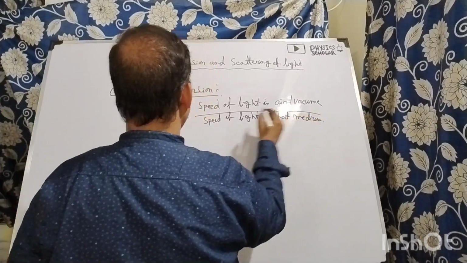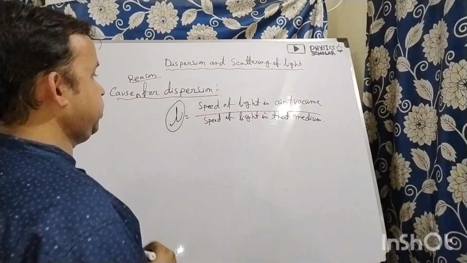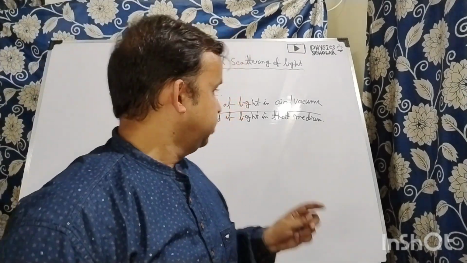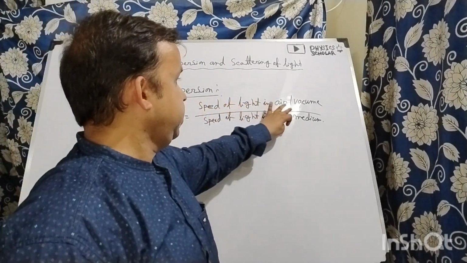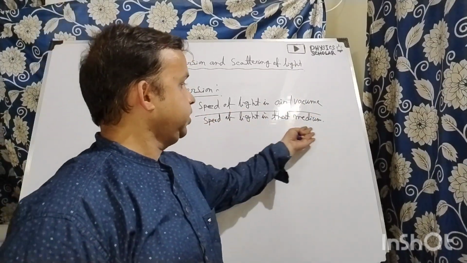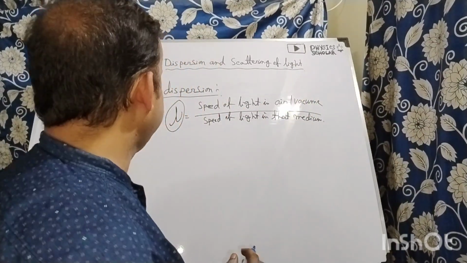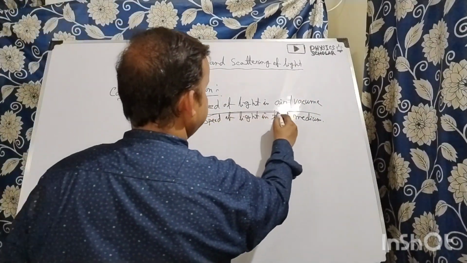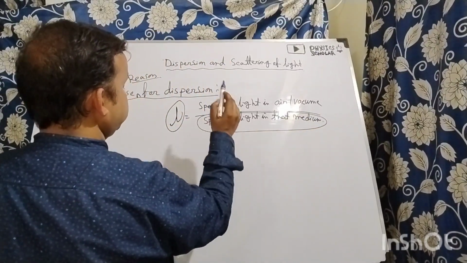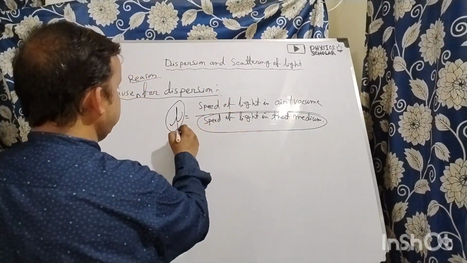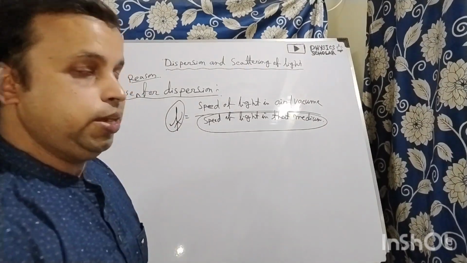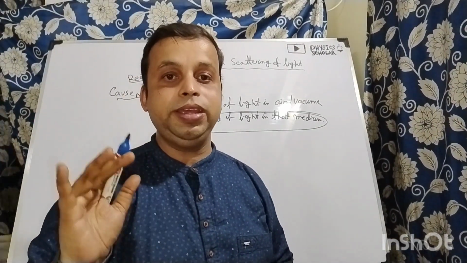That is the refractive index that I have discussed earlier: the refractive index of any medium is the speed of light in air or vacuum divided by the speed of light in that particular medium. The speed of light in the particular medium for each color of light is different, it is not the same. That means the refractive index of each color of light will be different.